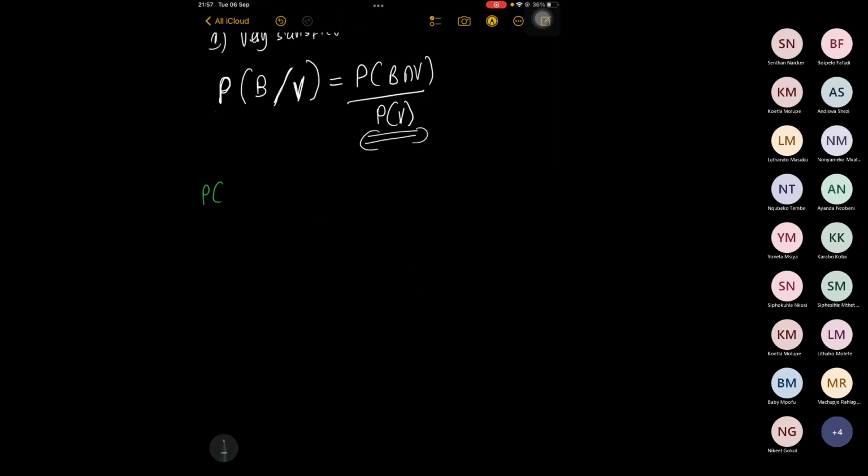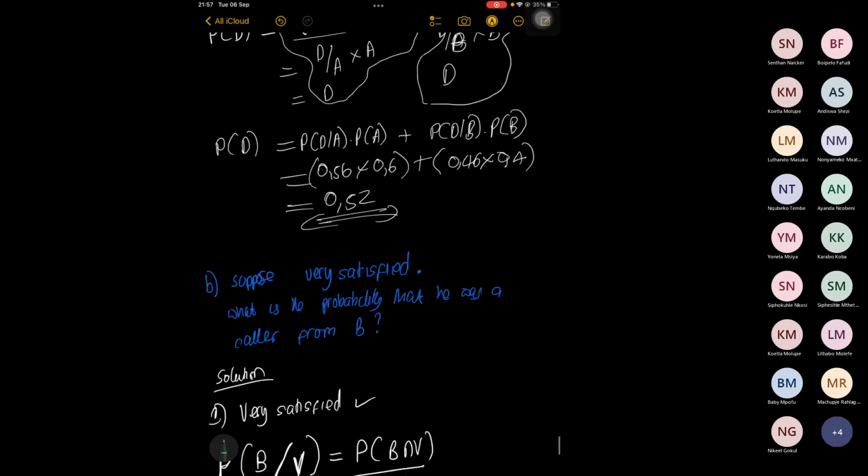So we can work out the probability of being very satisfied as the probability of being very satisfied from B times the probability of B, plus the probability of being very satisfied from A times the probability of A. It's actually what we did here, the same concept.